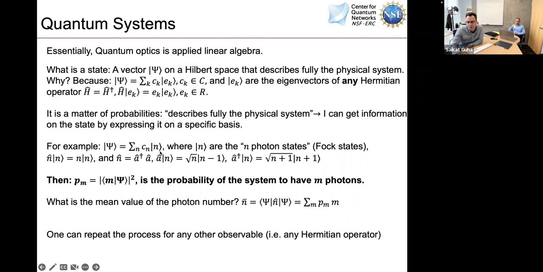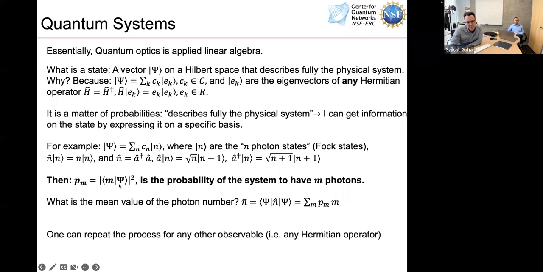Now, I can pose the following question. What is the probability of detecting M photons in the specific state psi? Well, that is simply the overlap of my state psi with some Fock state that Saikat introduced, |M>, modulo square. And from there, it's just a straightforward calculation to get the probability of finding M photons in my state psi.